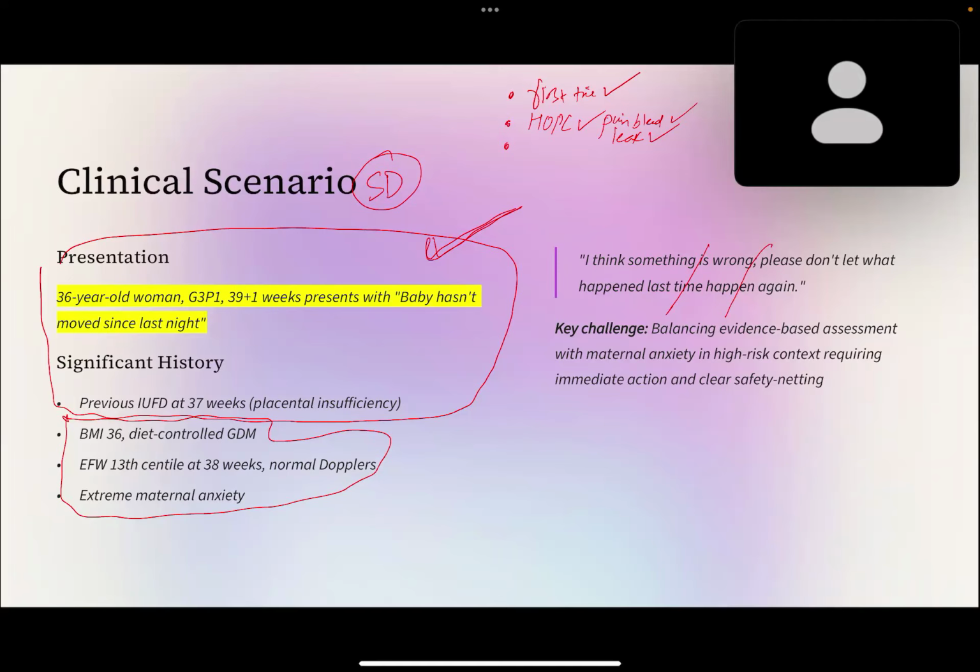And I would also ask about her previous obstetrical history, as it's significant for the intrauterine fetal demise at 37 weeks. I would confirm the cause, and as my exam sticker says, it was because of the placental insufficiency.